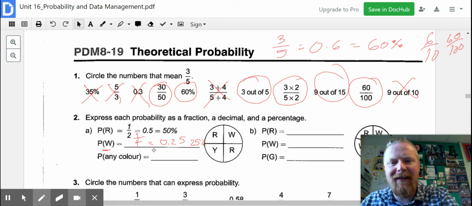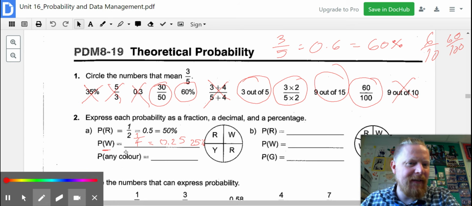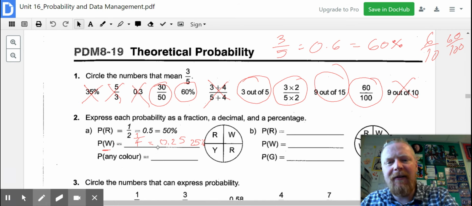The probability of any color is 4 out of 4. Oh, wait. Is white a color? I guess not. Okay, so we better erase that. They got all tricky on me. White is all the colors, though. Okay.